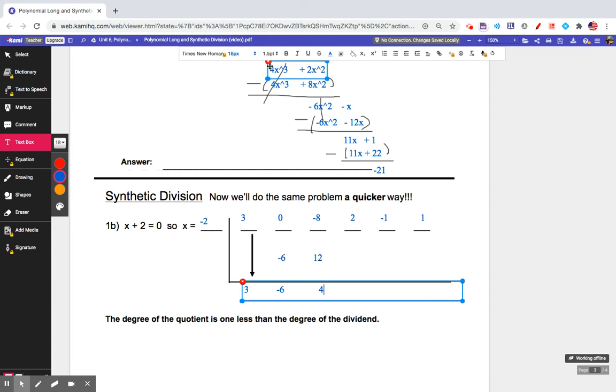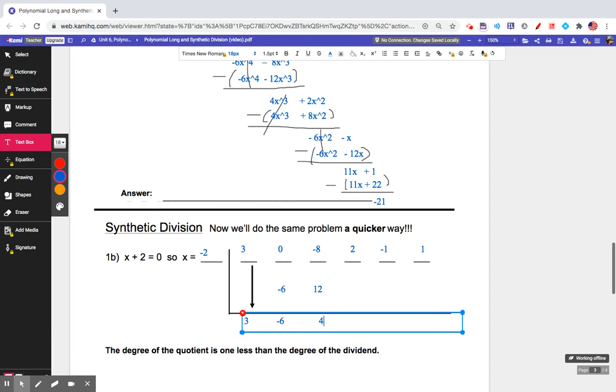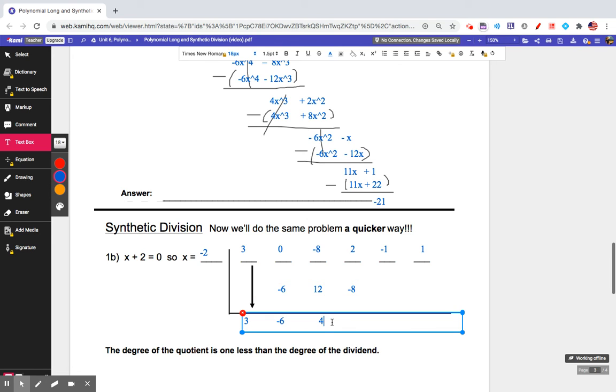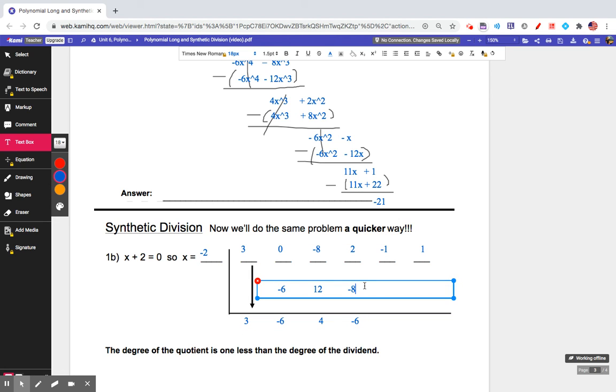Now you're going to start to see the comparison with the long division. You'll see some of these same numbers that we had in the long division problem. 4 times negative 2 is negative 8. And 2 minus 8 is negative 6. Negative 6 times negative 2 is 12.